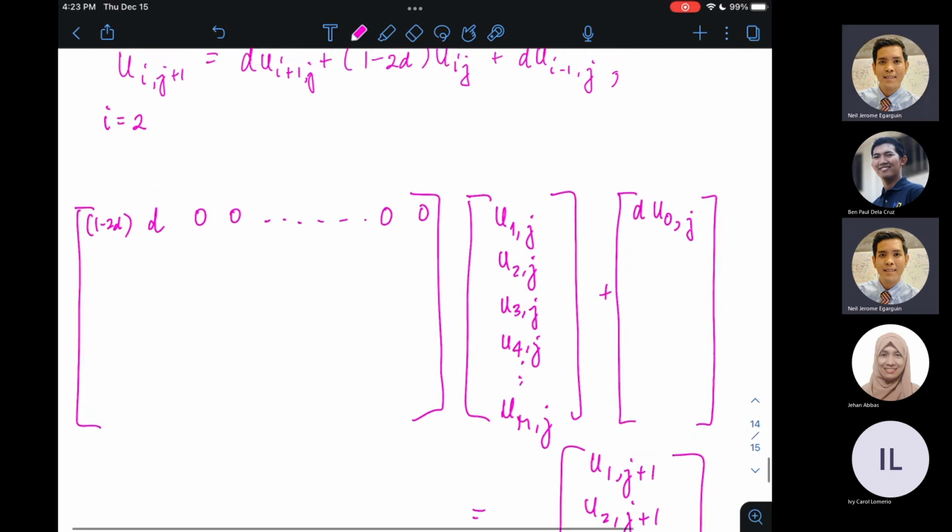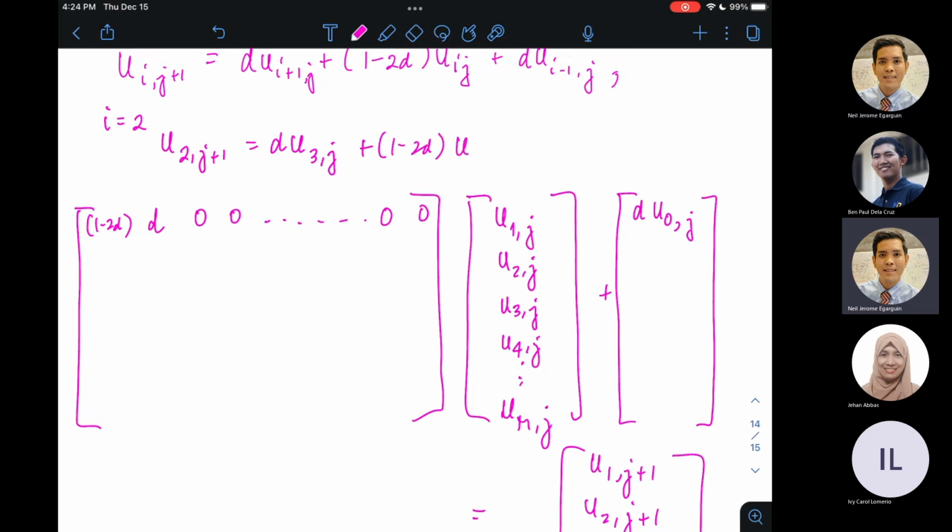So when i is equal to 2, so we'll have u sub 2 comma j plus 1 equals d times u of what? It's going to be 3 comma j plus 1 minus 2d u sub 2 comma j plus d u sub 1 comma j.